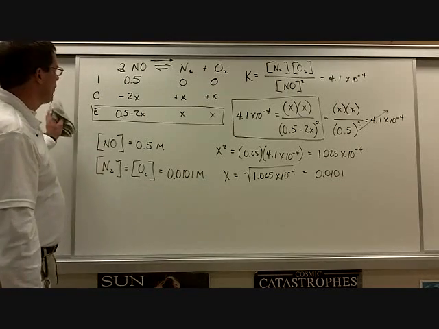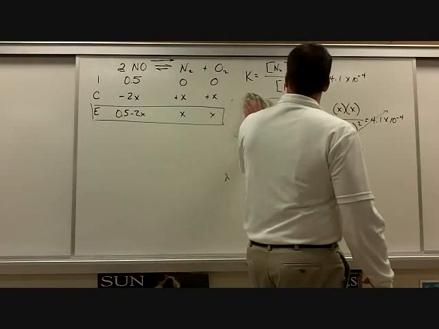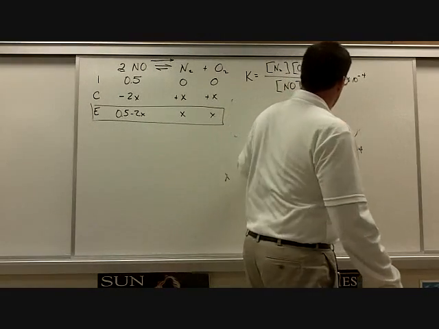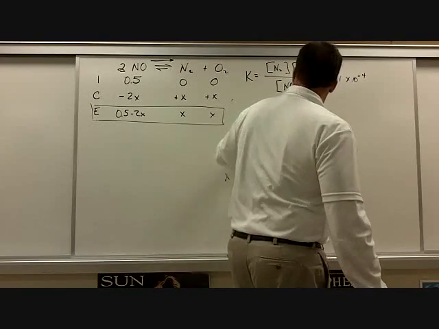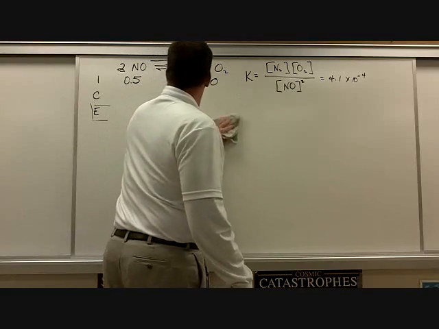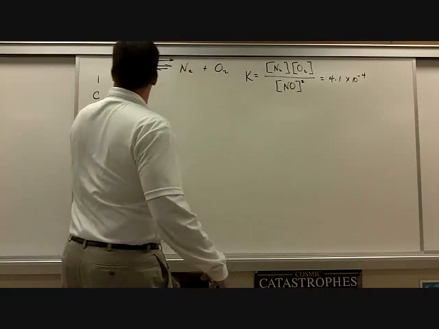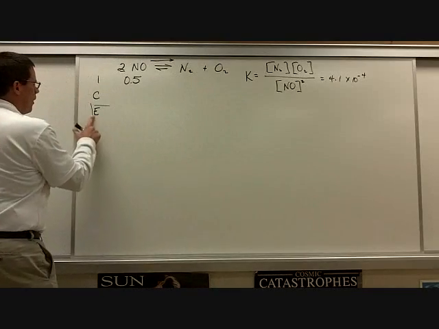All right, let's look at the next example. I believe we're going to keep that same expression, so I'll leave that up there, except the ice chart's going to look a little different. I think the concentration for the NO is the same.